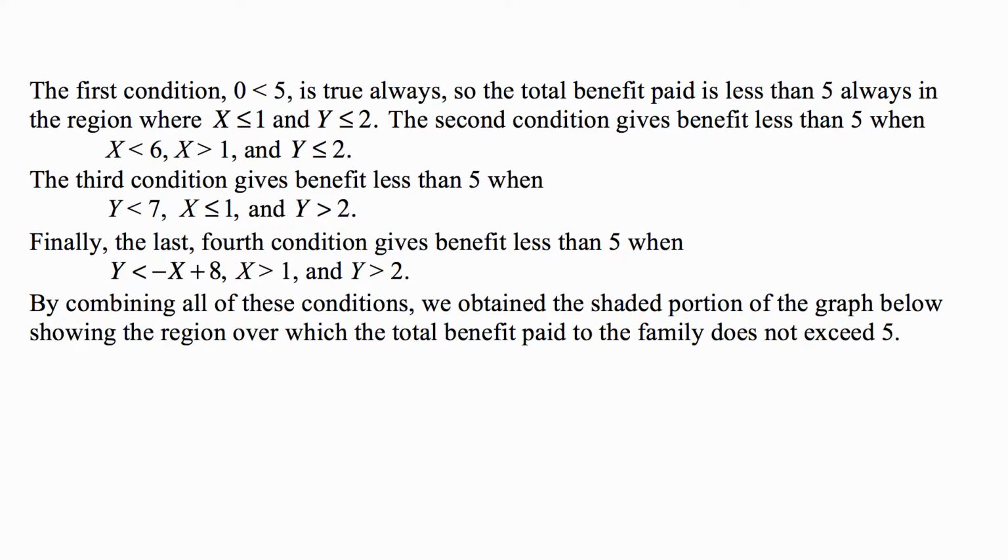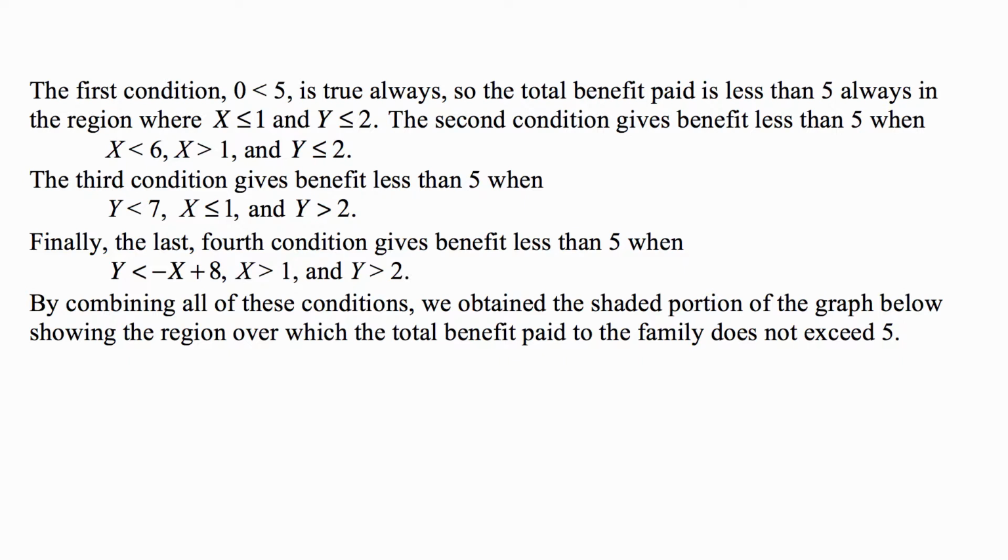Finally, the fourth condition gives benefit less than 5 when Y is less than 8 minus X, or minus X plus 8, so that's the area below the line Y equals minus X plus 8, which is a line with slope minus 1 and y-intercept of 8. And the additional condition is that X has to be more than 1 and Y has to be more than 2.